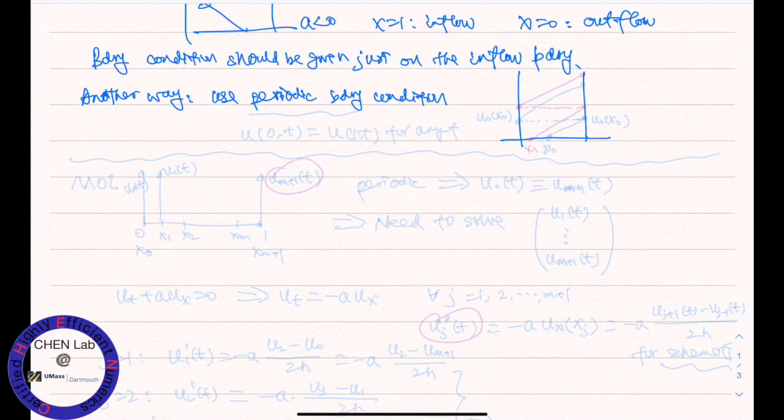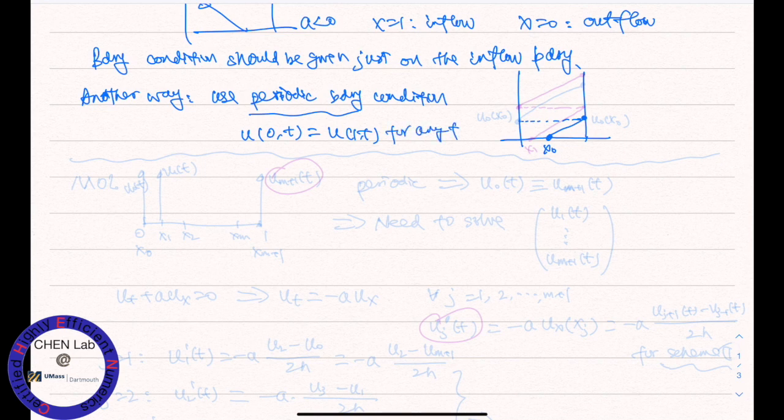So let me try to use a picture to explain that. Here is x0, and for positive a, it goes to there. Because the boundaries are the same by periodicity, the two ends of the period are the same, which for our u in the format of u(x,t) means u(0,t) is equal to u(1,t) for any t.